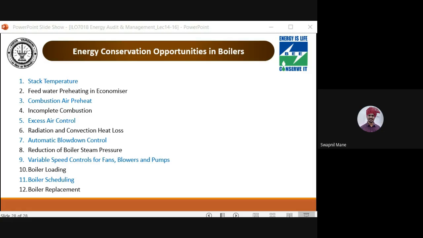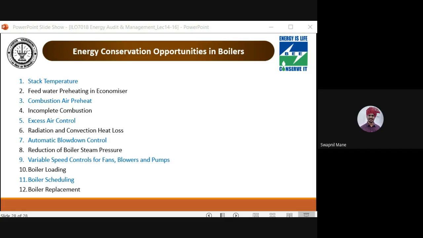Now we will talk first about the stack temperature. What is stack temperature? Stack temperature is also known as flue gas temperature. Stack temperature should be as low as possible, but I told you that it should not be so low that the water vapor in the exhaust condenses on the stack walls.